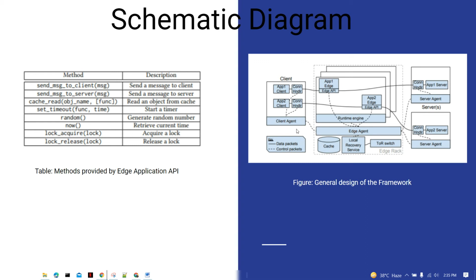in the new edge. The framework that the authors have designed consists of two portions, the edge platform and the client-server platform. The Edge Application API that the authors have designed provides the methods which can be seen in this table. The framework maintains connections to both client and server.